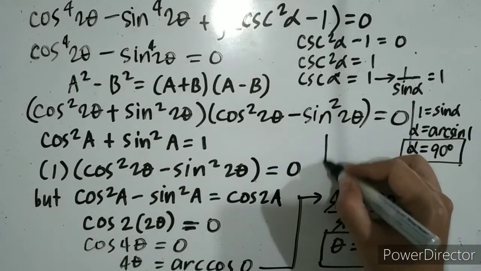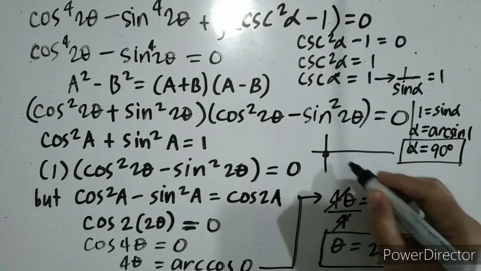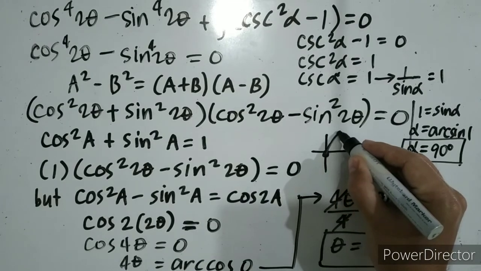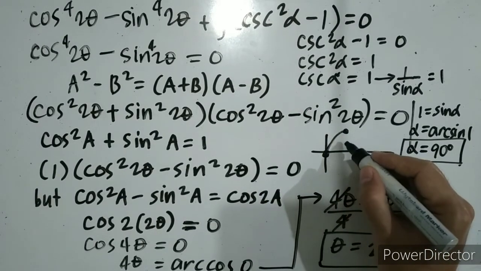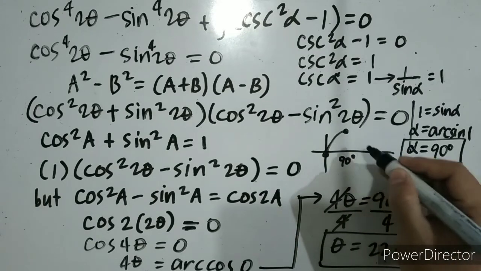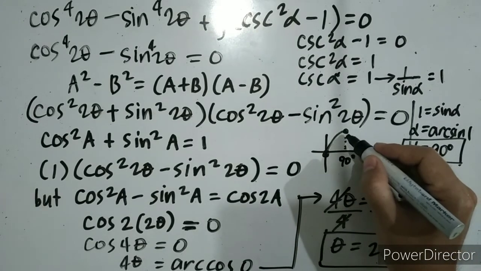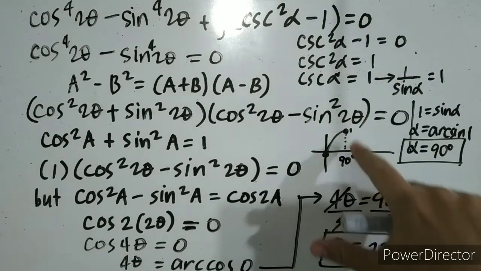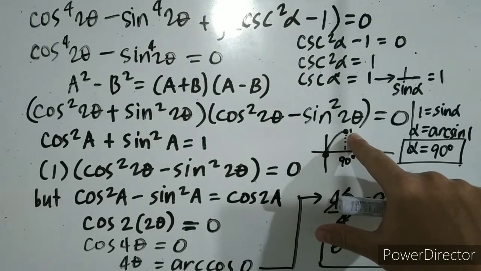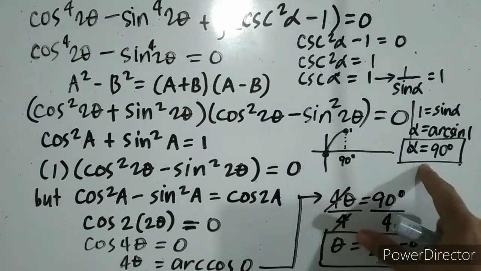Again, because the sine wave starts at 0 and then it reaches its peak at 90 degrees, in which it has a value of 1. So sine 90 is equal to 1. Therefore, arc sine of 1 is equal to 90 degrees.